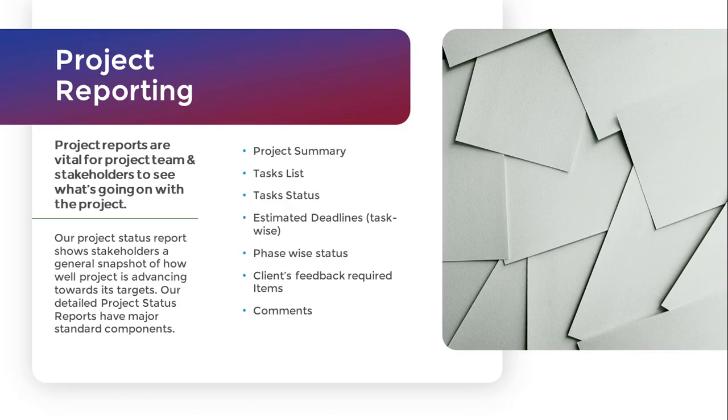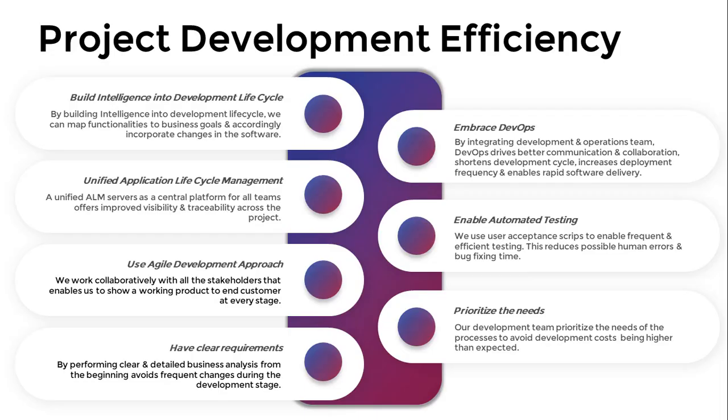I think project reporting is really important to us, to make sure that you're up to date and in the communication loop with all stakeholders all the way through the project, from a project summary and task lists, to the task status and where we're at, including deadlines and the phase-wise status. Your feedback is really important in making sure that we get fast feedback so that we can implement it and keep the project on time.